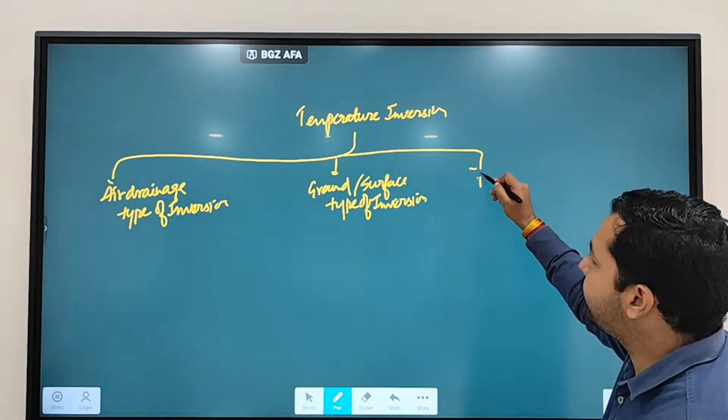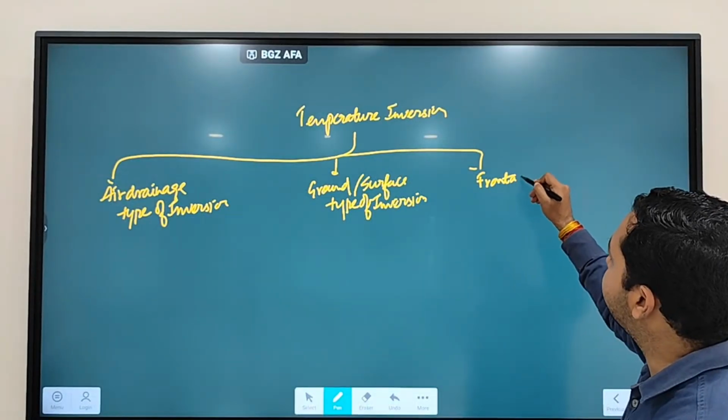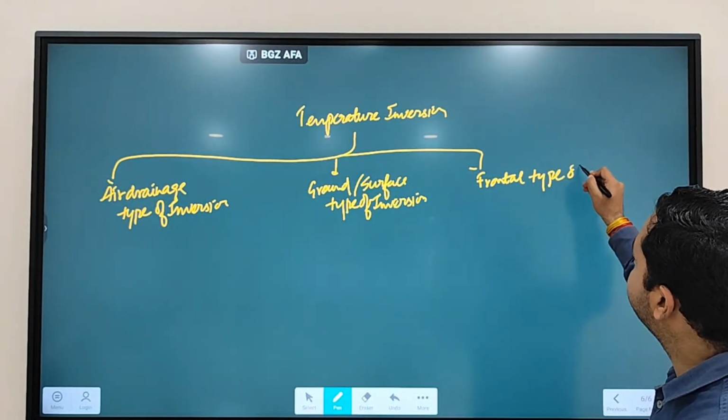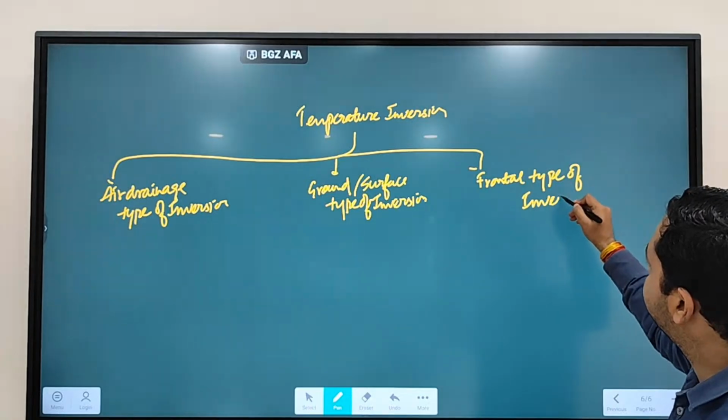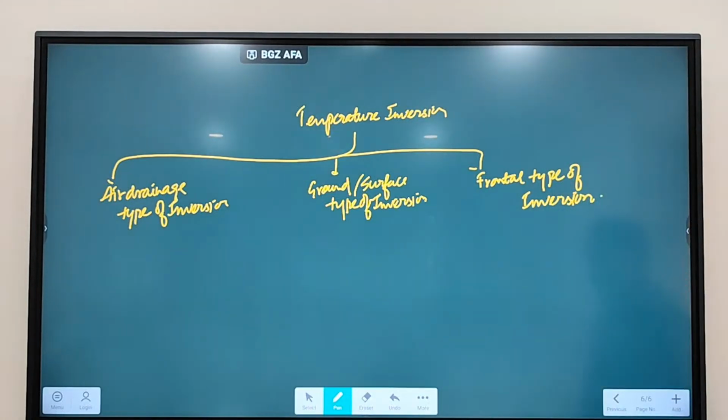And the third type is the frontal type of inversion. These three classifications you are finding with regard to temperature inversion.